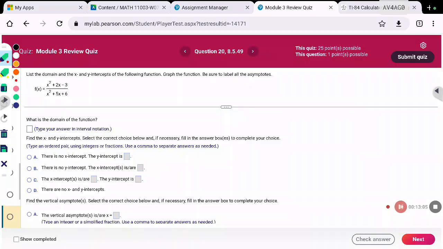All right, this next problem is going to ask me all the things about the rational function. So the first thing I am going to do, because it helps me answer a lot of the questions, is see what the factors are and then see what the zeros are. So I am first of all going to write each of these in their factored form.